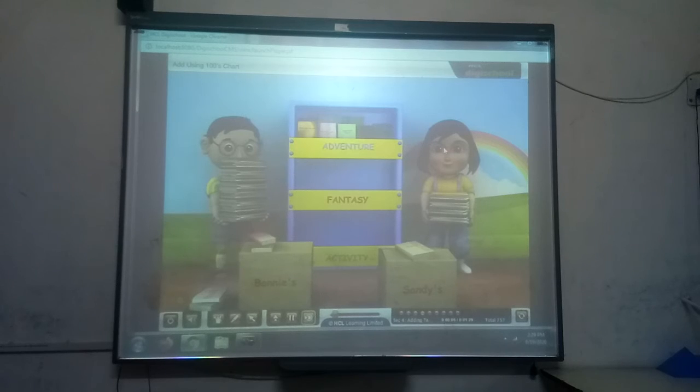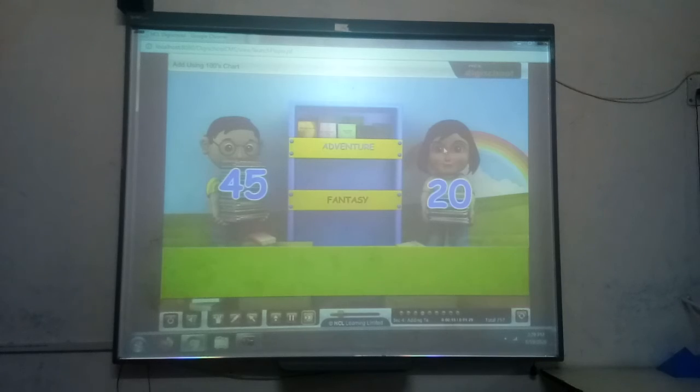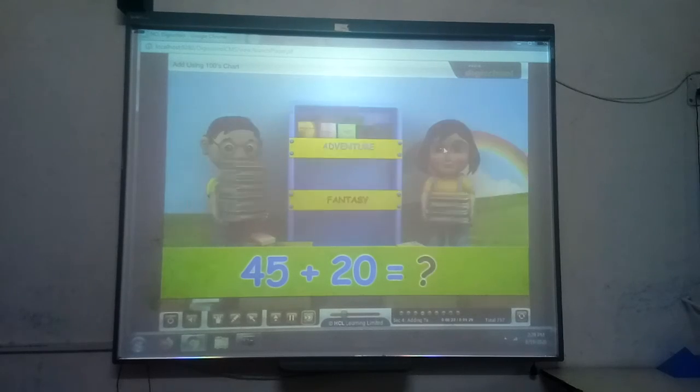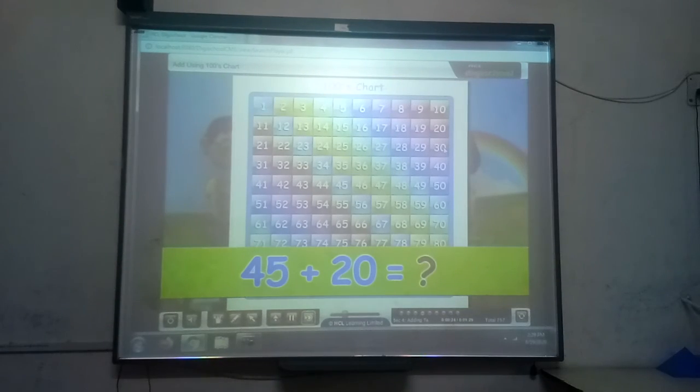Sandy has 45 books, while Bonnie has 20 books on fantasy. In all, there are 45 plus 20 books. To add 20 to 45, first locate 45 on the chart.